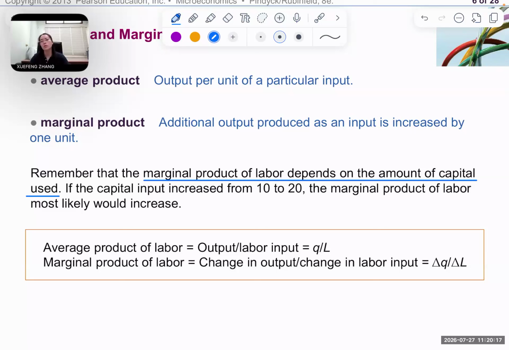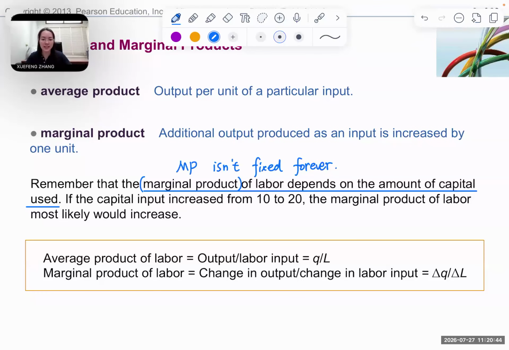Same worker, more machines to work with, likely higher marginal product. So here, marginal product isn't fixed forever. Let me give you a simple example.